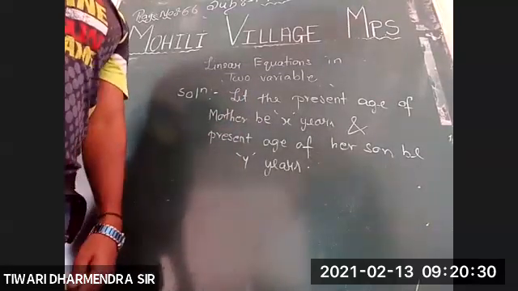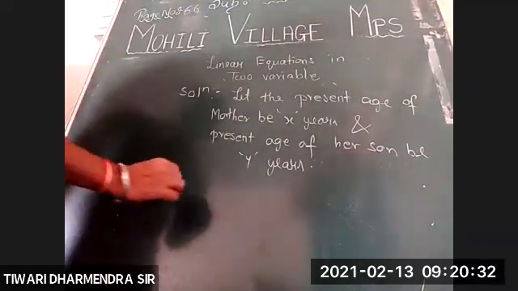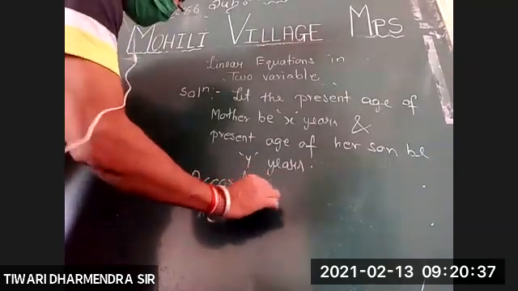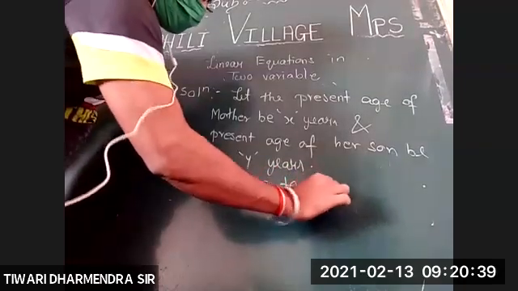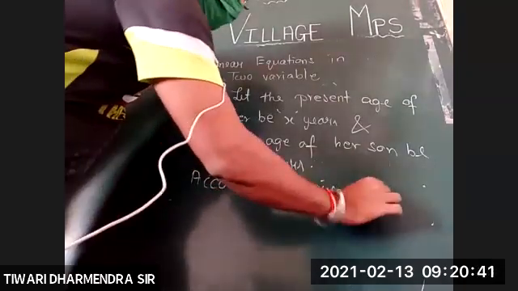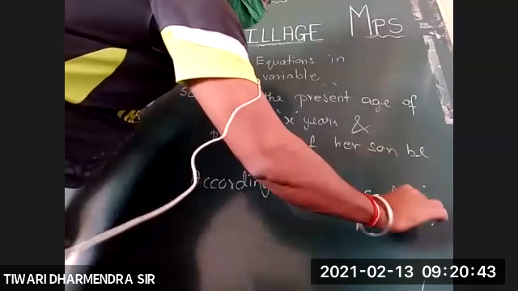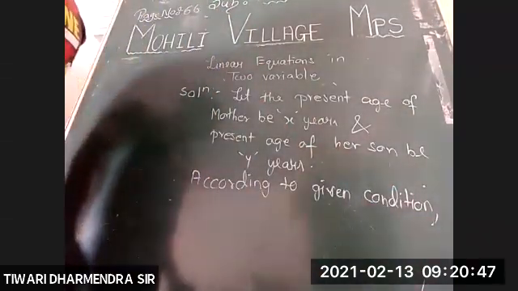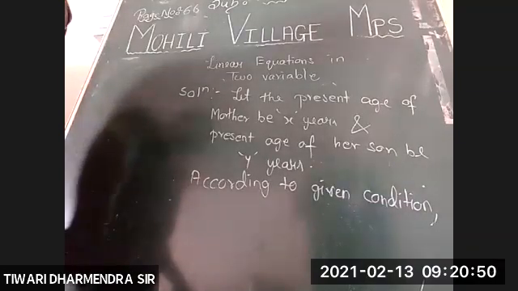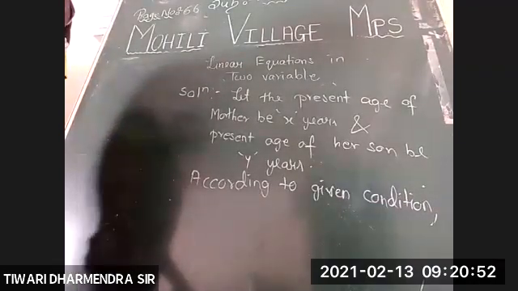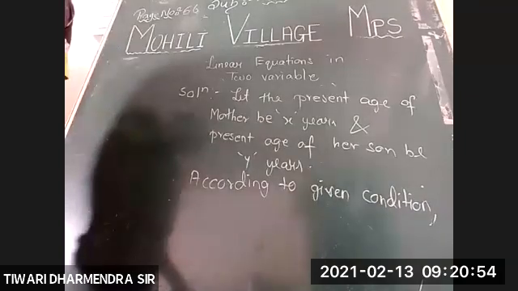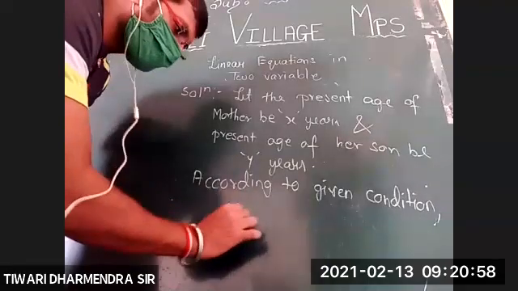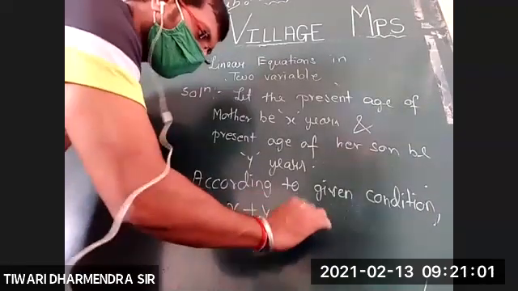So now, according to the given condition, the first condition is that sum of the ages of mother and son is 45 years. Means their current or present ages are X and Y. So X plus Y is equal to 45.